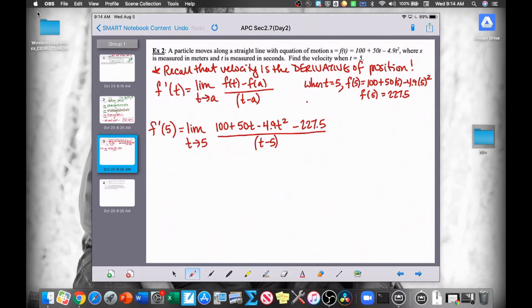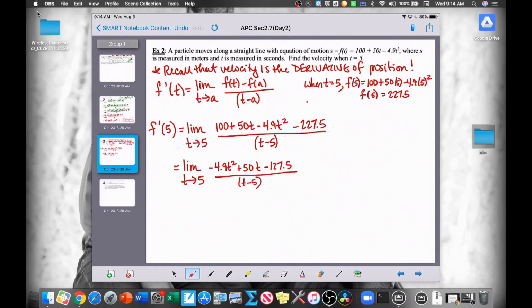All right, so I'm going to simplify this a little bit. f prime of 5 is going to be equal to the limit as t approaches 5. I'm going to put my terms in descending order: negative 4.9 t squared plus 50t minus 127.5, divided by t minus 5.